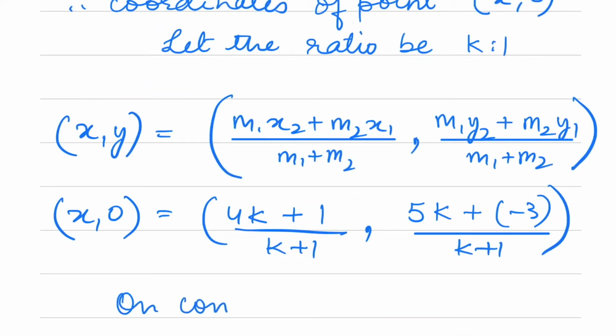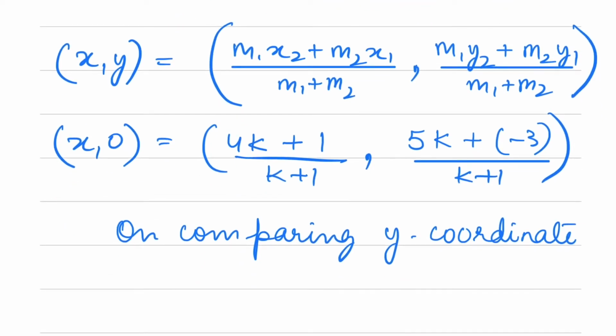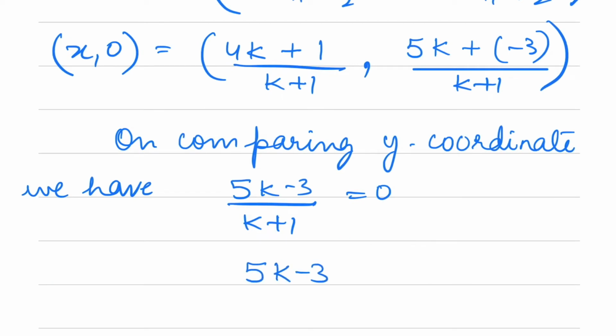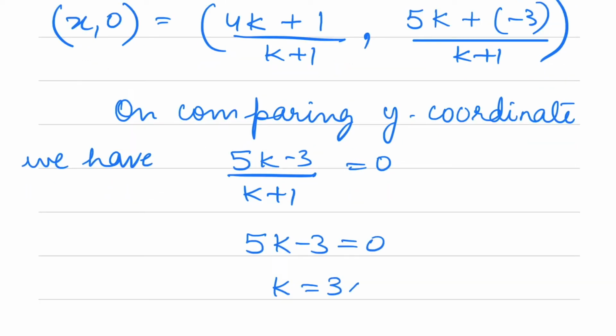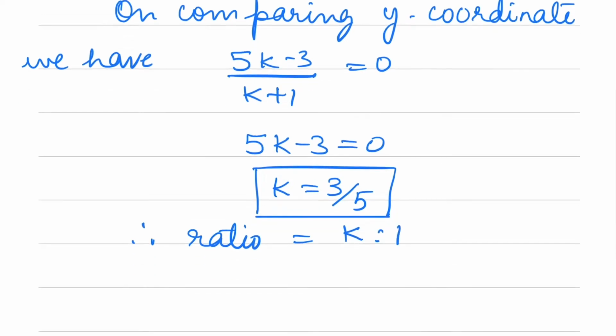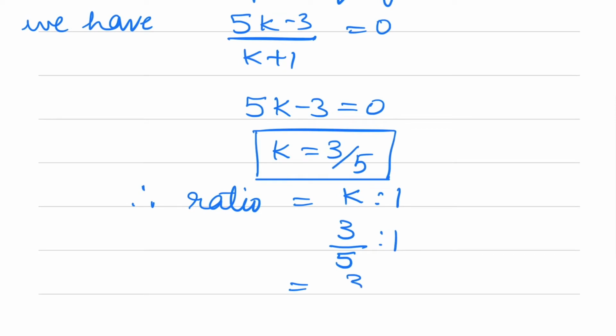Now on comparing the y coordinate, we have (5k minus 3) by (k plus 1) is equal to 0. 5k minus 3 is equal to 0. k is equal to 3 by 5. Therefore, the ratio is k is to 1. We can substitute the value: 3 by 5 is to 1 is equal to 3 is to 5.